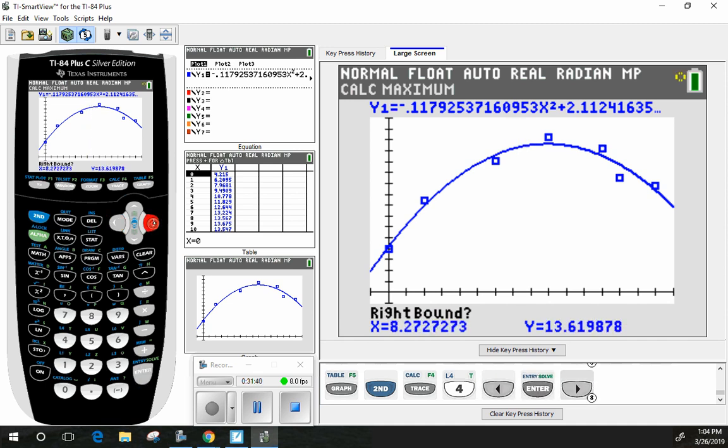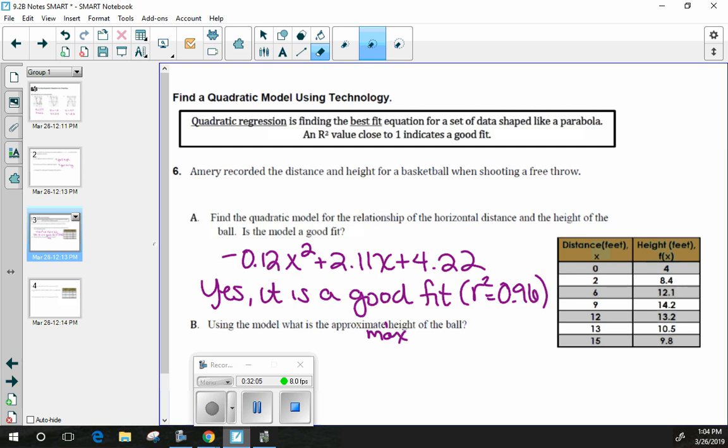Then get over to the right of it, and then hit enter one more time. Looks like our maximum is at about 13, or it's predicting it would be. The model predicts that the max height would have been at 13.68, right around there. Okay, so about 13.68.